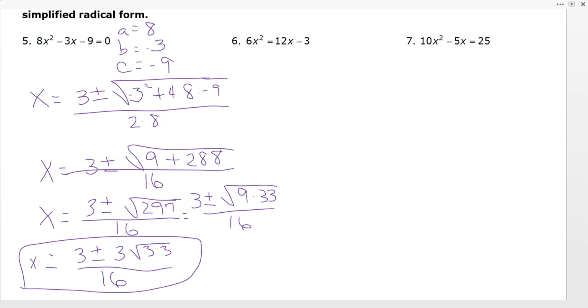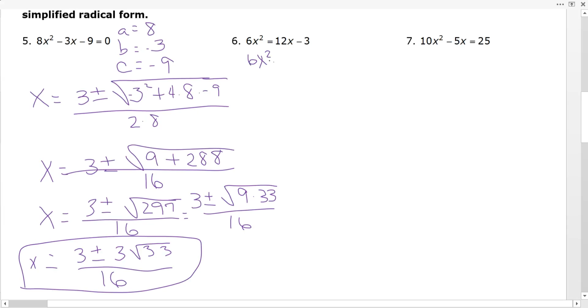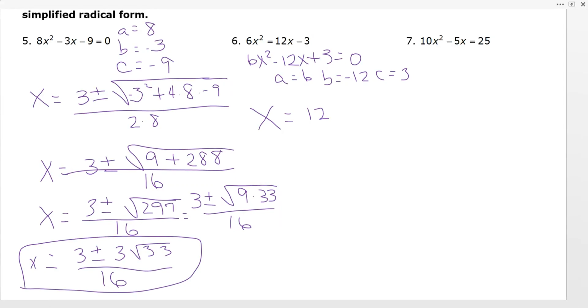Okay, number 6, I need to solve for everything on the left and make it equal to 0. So if I've got 6x squared minus 12x plus 3 equals 0. So a equals 6, b equals -12, c equals 3, x is equal to 12. Oh, I have a common factor.